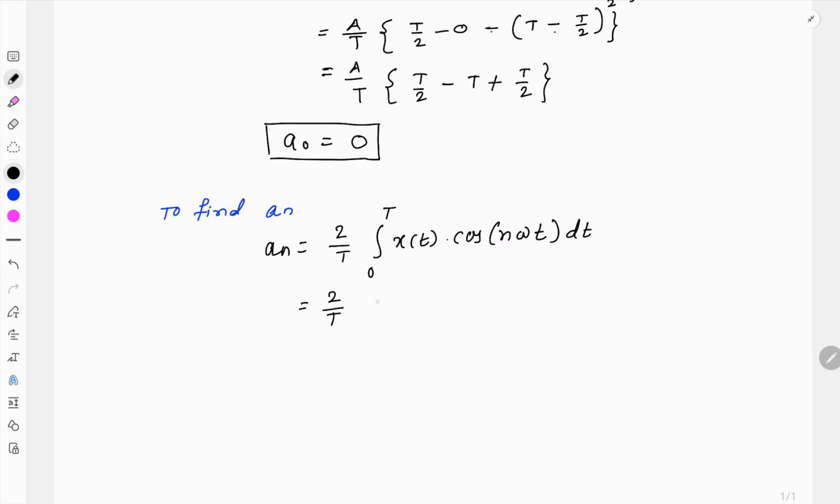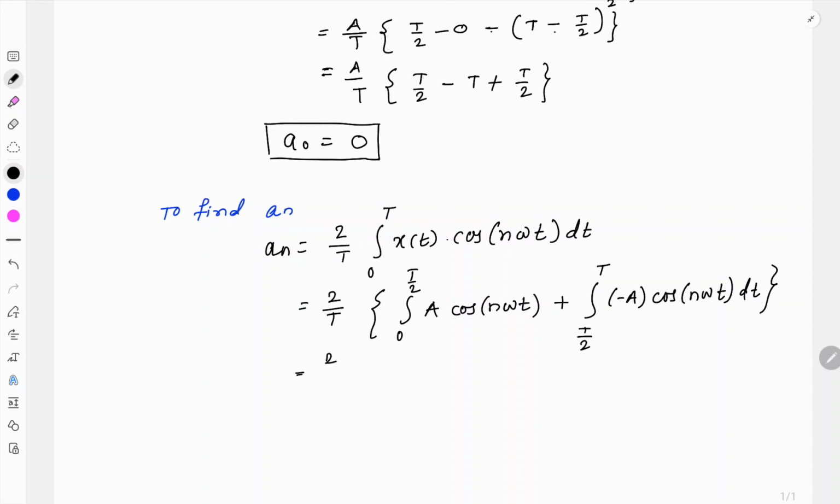So it is 2 by T. Here the integration is again split up into two parts, 0 to T by 2, for which x of t is A cos of n omega t, plus integration from T by 2 to T, where x of t is minus A cos of n omega t dt.